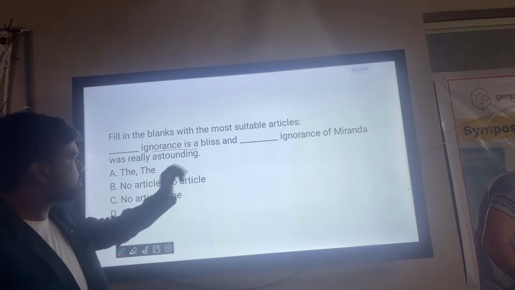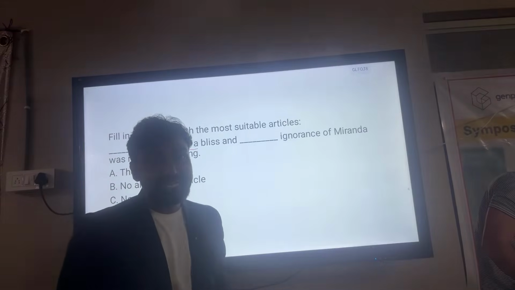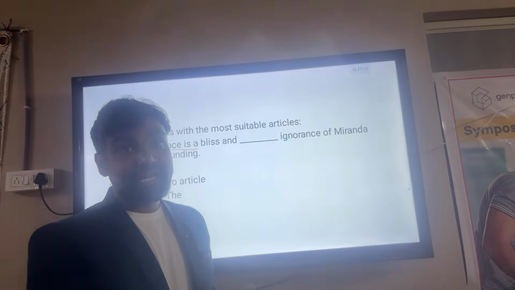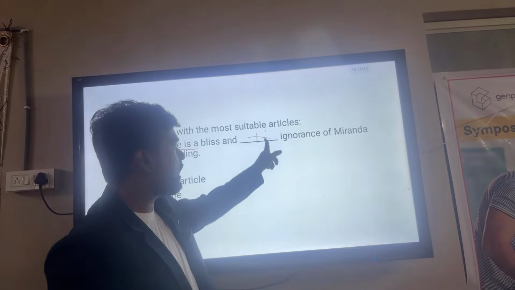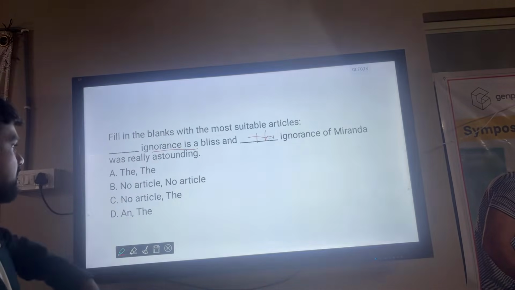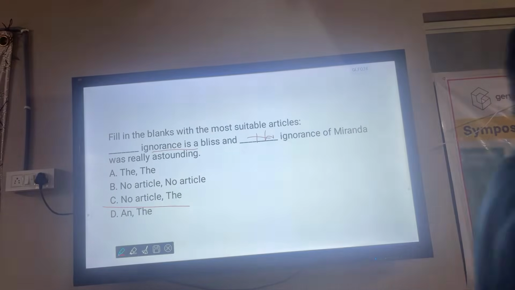No article is needed. And ignorance is mentioned a second time. When it is mentioned for the second time, you have to use the definite article "the". First one is no article, second one is "the". Option C is the correct answer.